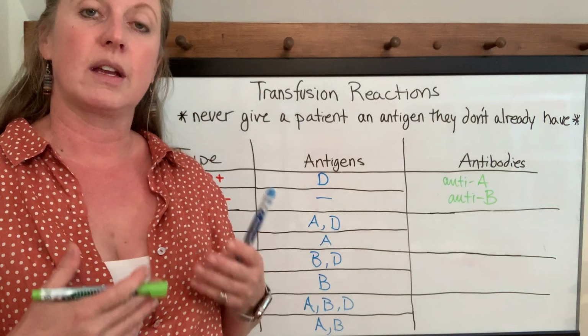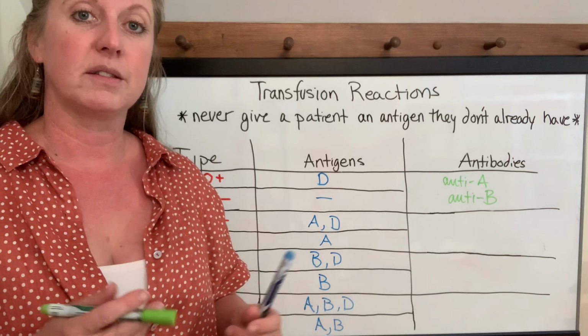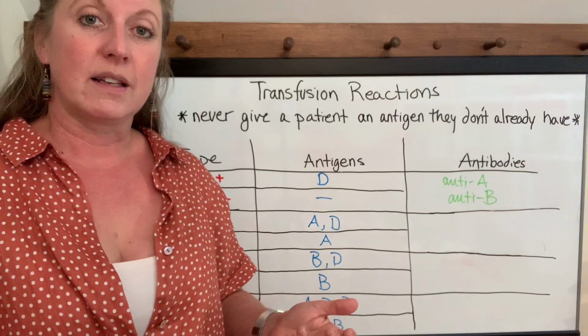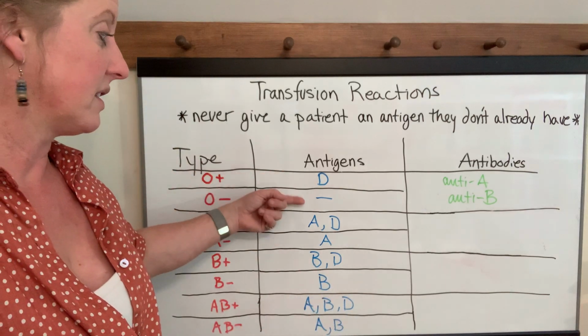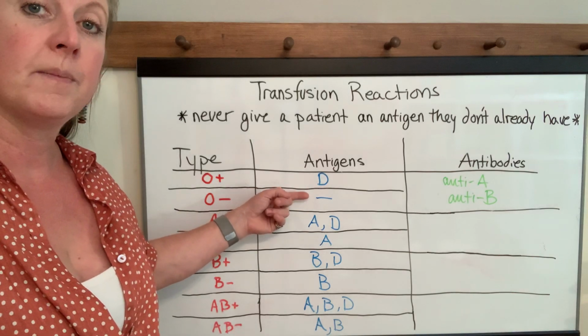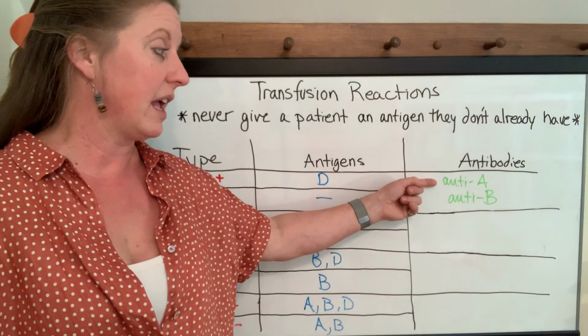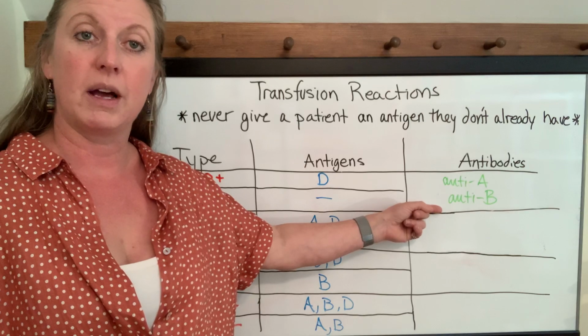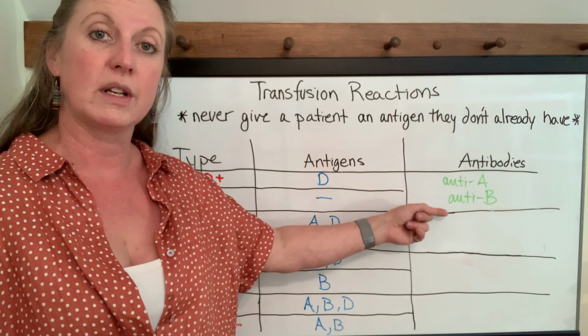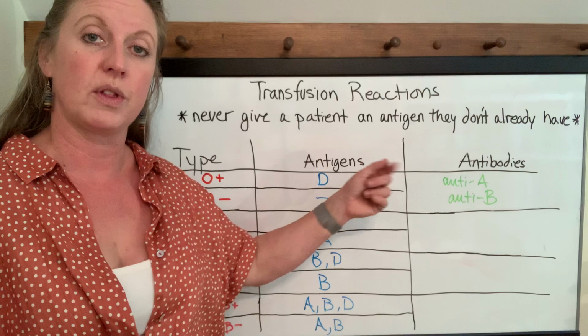It makes cells that can make antibodies to any possible antigen. Now in this case, because this person does not have an A or B antigen, it's safe to have the anti-A and the anti-B antibodies in the bloodstream because those won't attack anything. There is no antigen for them to recognize.